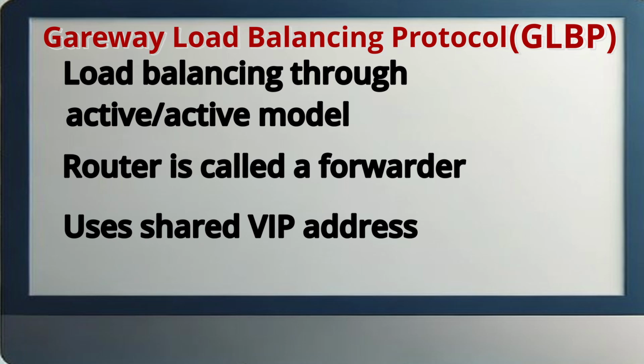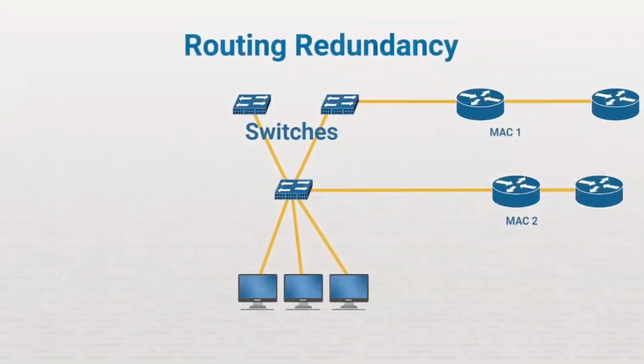In fact, all the network hosts use virtual IP addresses as their default gateway router address. But unlike HSRP that uses a shared virtual MAC address, GLBP instead has each router assigned its own unique MAC address.